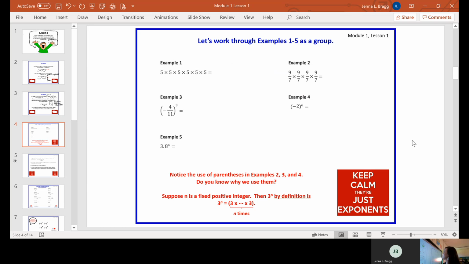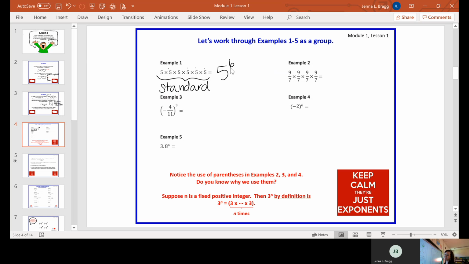So let's work through some examples. I also need to tell you that when everything is multiplied out, when you've done all of that work, this is known as standard form. I've multiplied 5. 5 is my base. 1, 2, 3, 4, 5, 6 times.